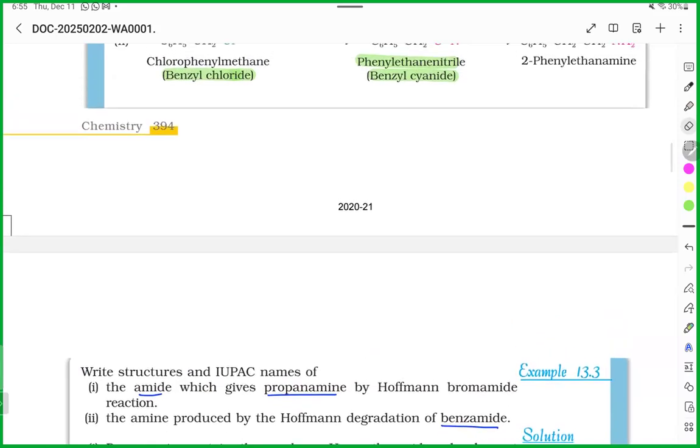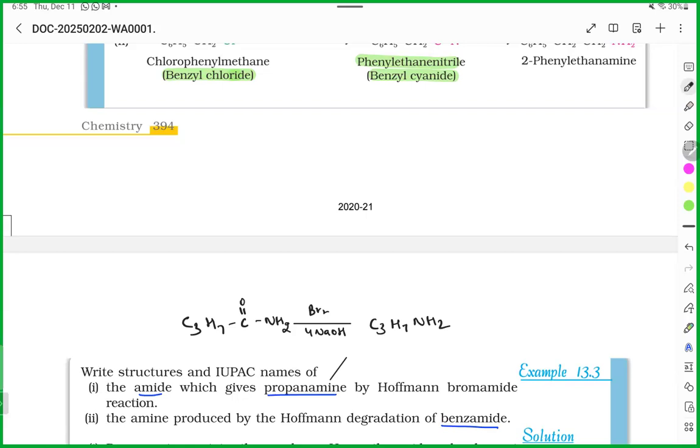Solve this question. In the first, propane amine, you are producing C3H7NH2. How is that possible? From C3H7CONH2 in the presence of Br2 and 4 NaOH, right? Yes or no?